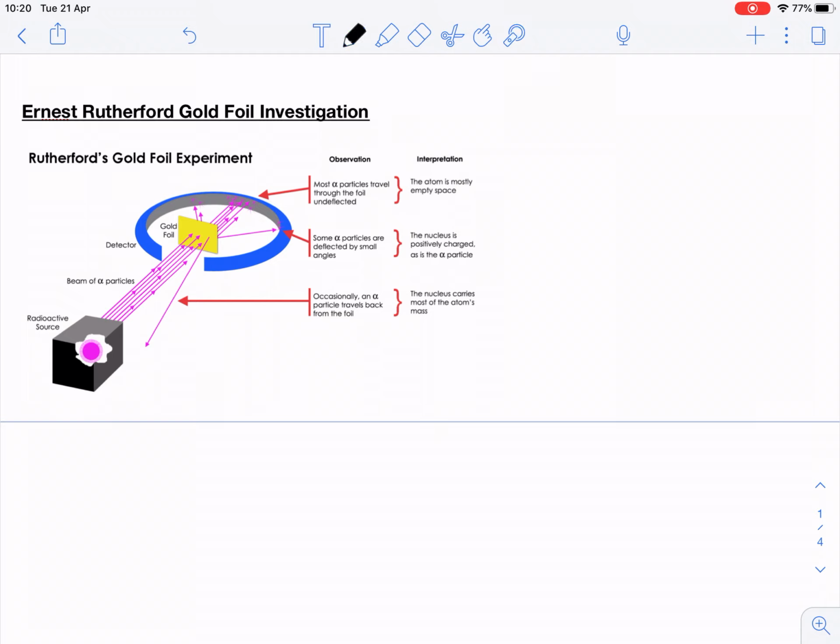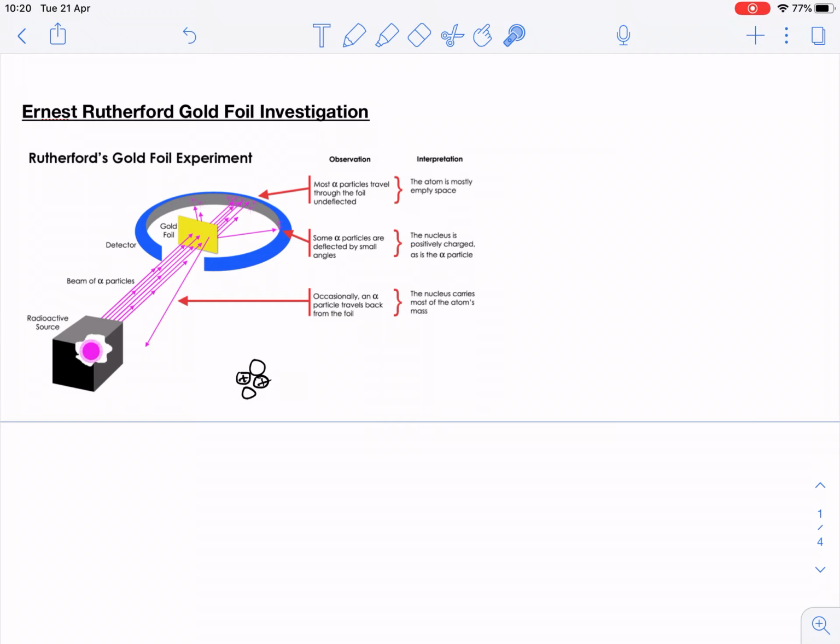An alpha particle is two protons and two neutrons, the nucleus of a helium atom without the electrons. Overall, that has a positive charge, and that was very important as one of the aspects of the evidence discovered from this investigation.